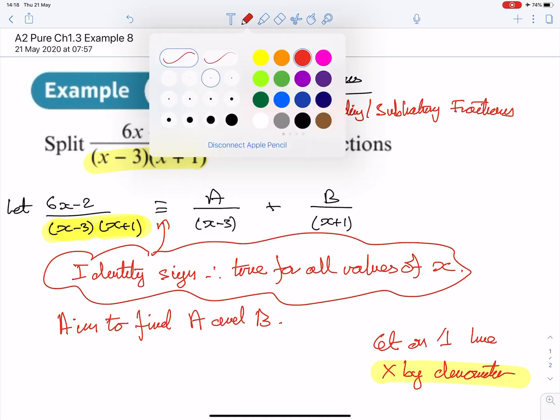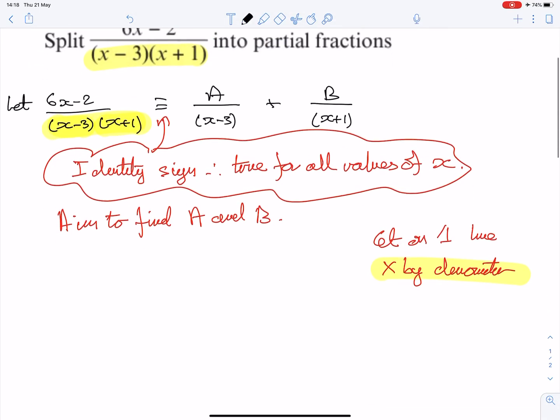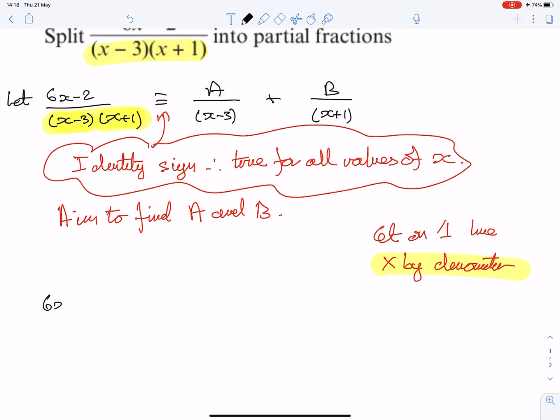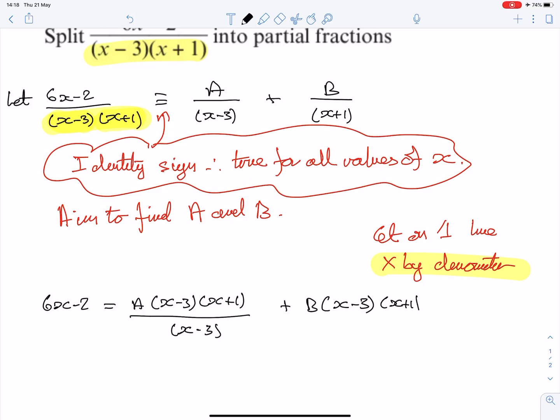So when we do that, we get 6x minus 2 is equal to A lots of x minus 3, x plus 1 over x minus 3, plus B lots of x minus 3, x plus 1 over x plus 1.